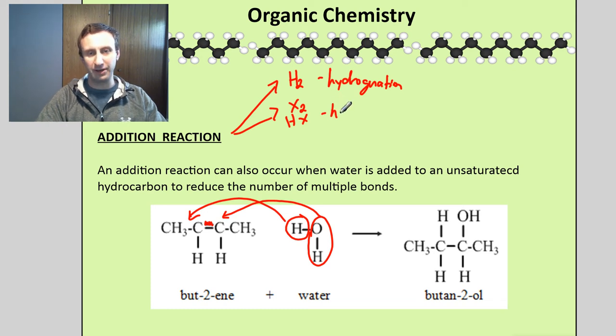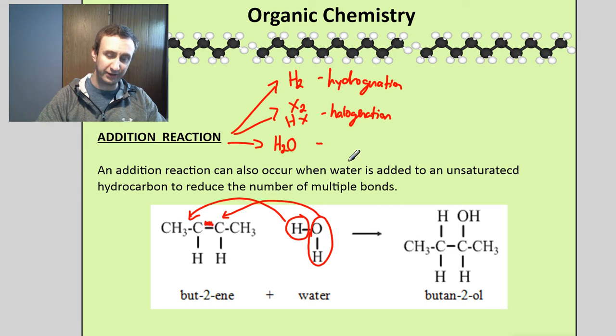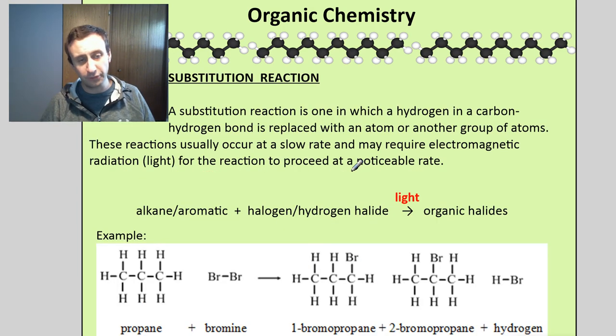We often call this halogenation. And then the other thing that I have is addition of water, H2O, in order to make an alcohol. I don't have a special name for that, but I make alcohol as a result. So that's the three types of addition that we've covered so far.